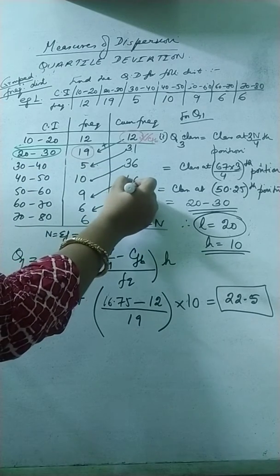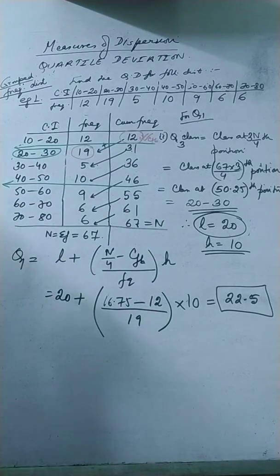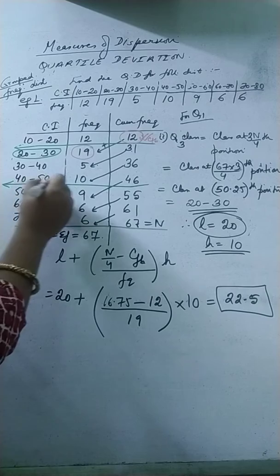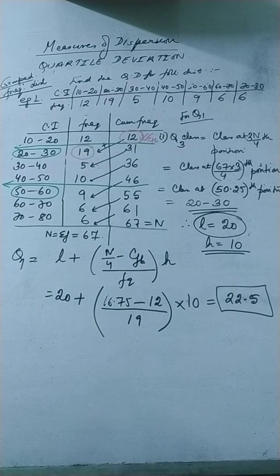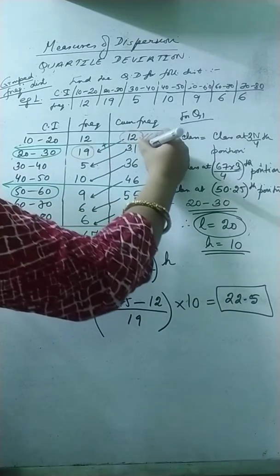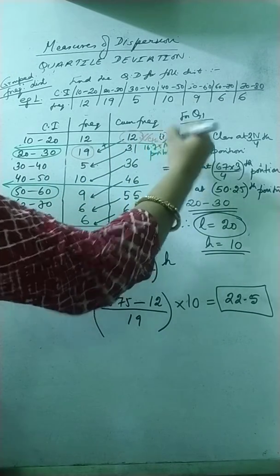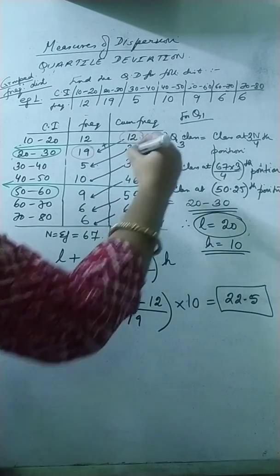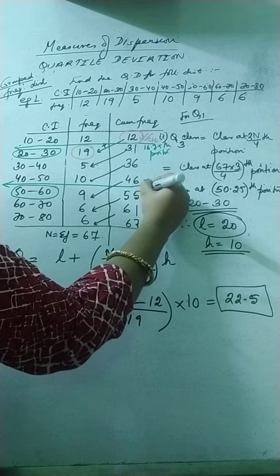After that comes your 47th, 48th, 49th, 50, up to 55th position. So therefore, the interval will be 50 to 60. So this was what? 16.75th position. And this is your, what did we get? 50.25th position.